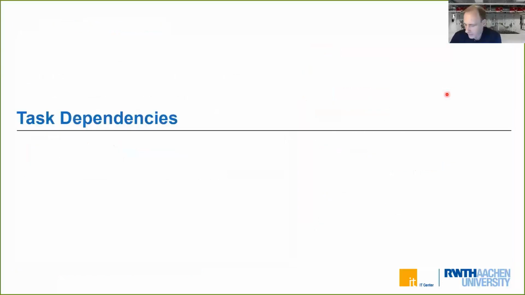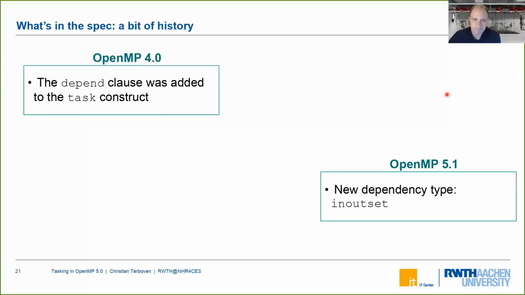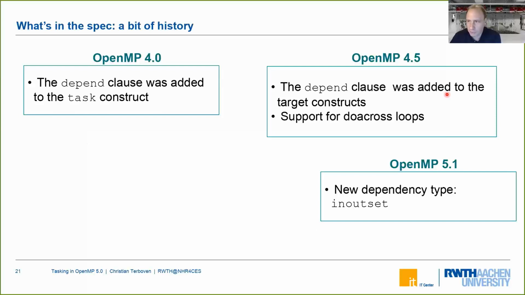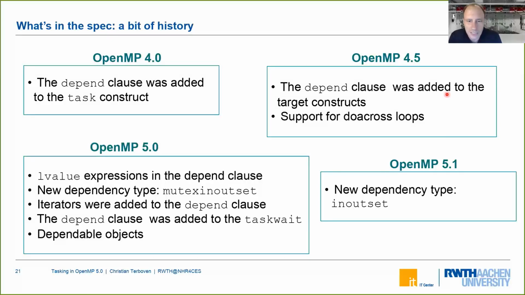Let's look at some more complicated features. So the first is task dependencies. Oh, also the animation is broken here, so let me complete the slide immediately. OpenMP version 4, I believe in 2013, introduced the depend clause on the task construct. Then in version 4.5, it was added to the target constructs.